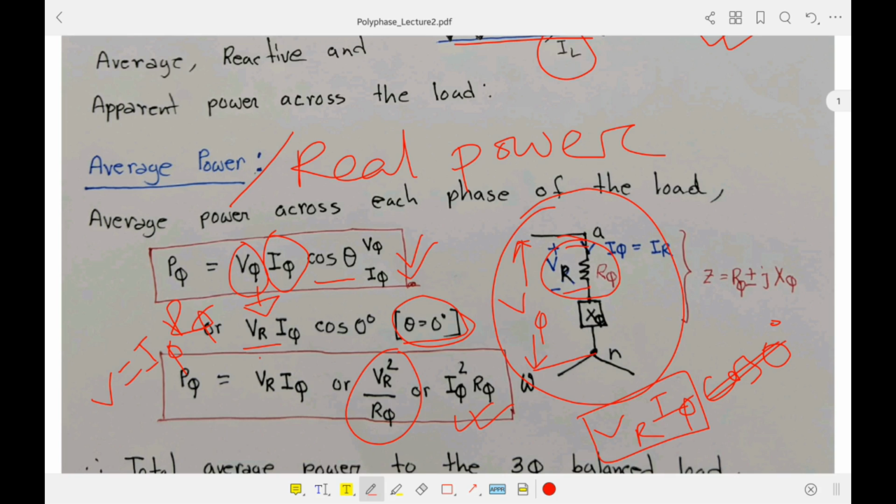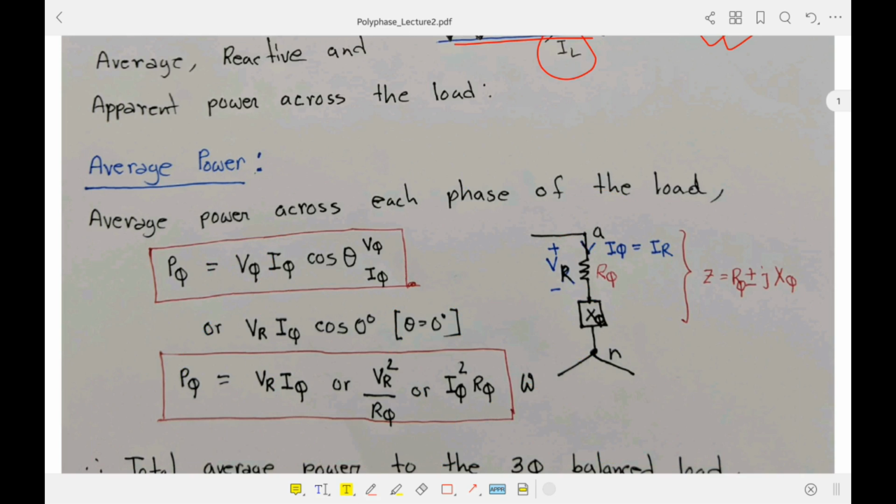Remember one thing, this is VR, that means voltage across this resistance only, whereas this is V phi in the above expression, that means this voltage is the total phase voltage. So obviously there is a subtle difference between V phi and VR. VR is only this and V phi should be from here to here.